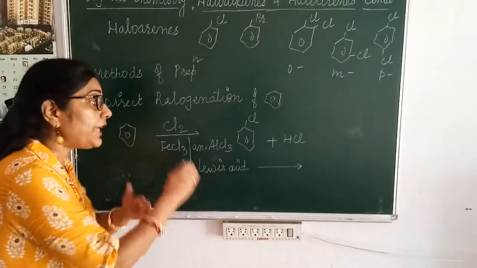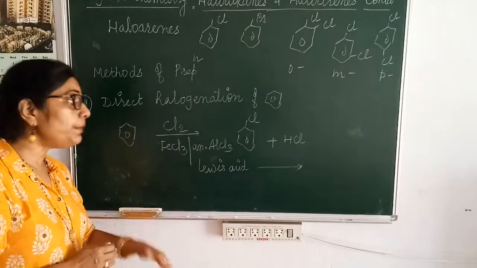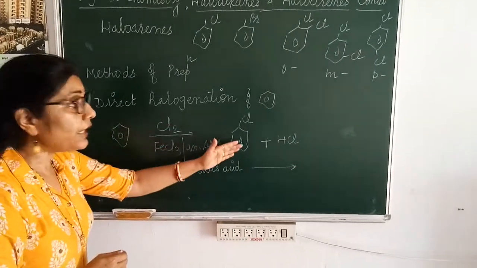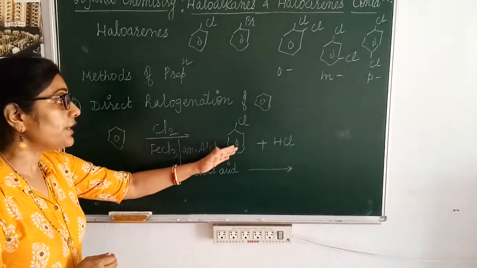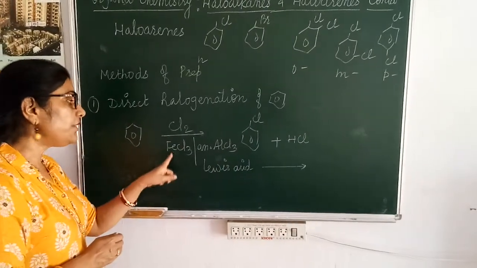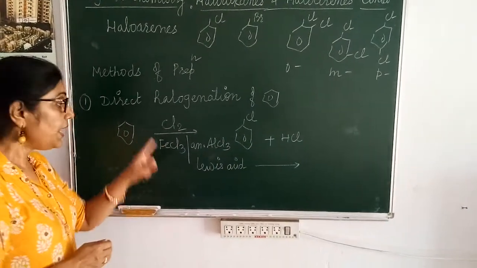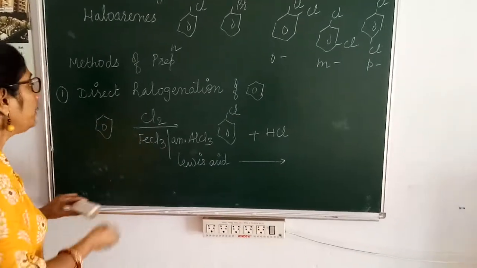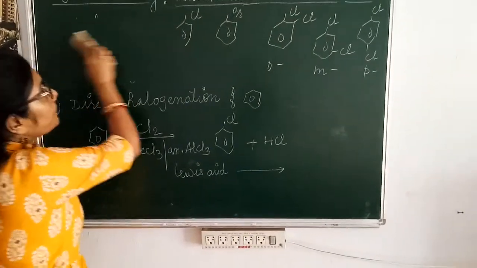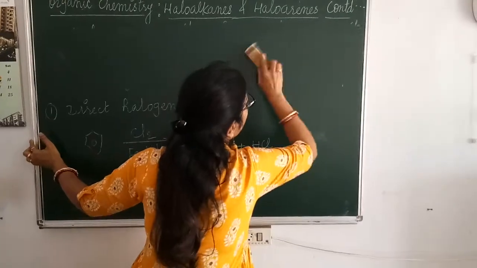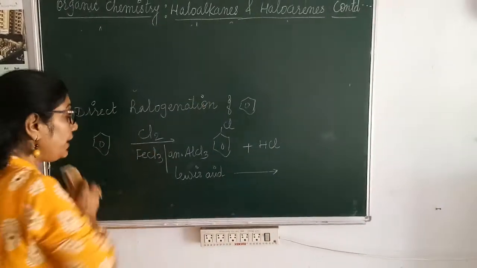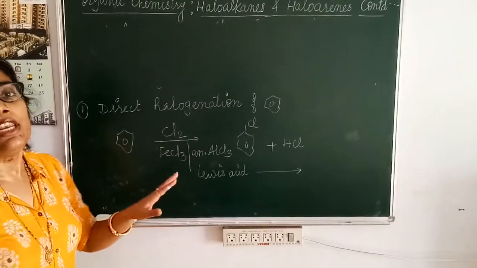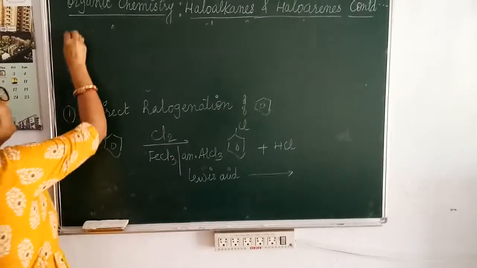Second step, attack on the electrophile by the benzene nucleus. Third step is the formation of product, and that H plus combines with FeCl4 minus and the catalyst is regenerated at the end of the reaction. So the first method is direct halogenation of benzene, which is an electrophilic substitution reaction.